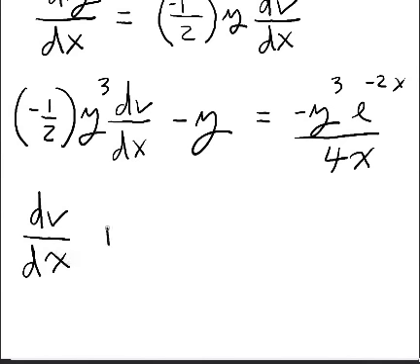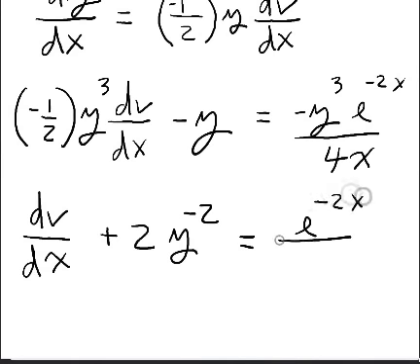If I do that, I get dv/dx plus 2 times y to the minus 2 power, and that's equal to e to the minus 2x divided by 2x. Is it really 2x? Let's see. Yes. I think I did that right. Let's take a look at what I did: I multiplied the first term here, I tried to get rid of this coefficient.